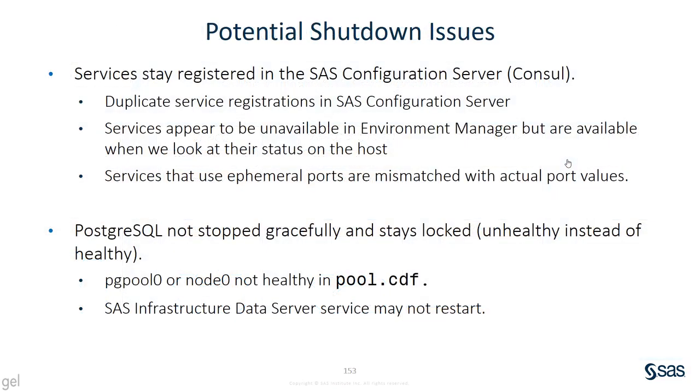I think we talked about all this before. The only other thing is Postgres can occasionally, if you have a highly available Postgres environment, you can get some conflicts there with the conf file, or CDF file rather. So again, I think there are lots of notes and lots of tracks about how to clean up from that situation.